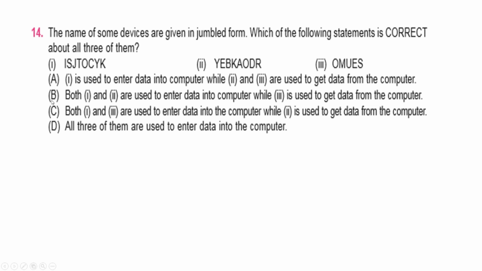Option B, where both 1 and 2 are used to enter data while 3 is used to get data from the computer? Option C, where both 1 and 3 are used to enter data while 2 is used to get data from the computer? Or D, all three of them are used to enter data into the computer?